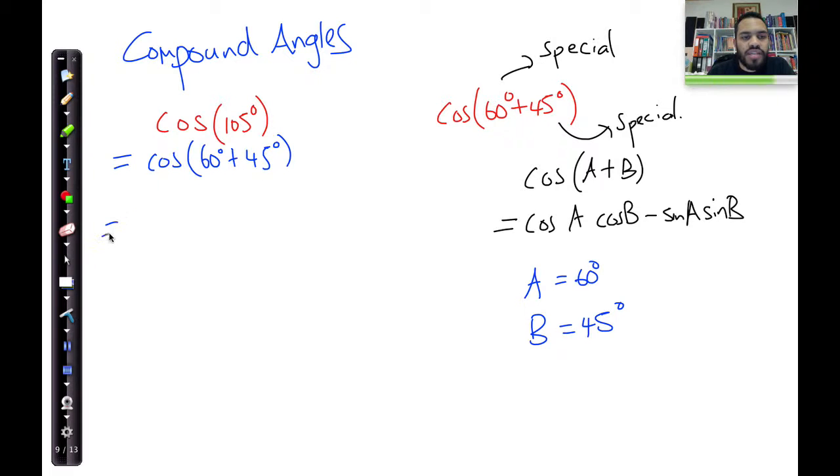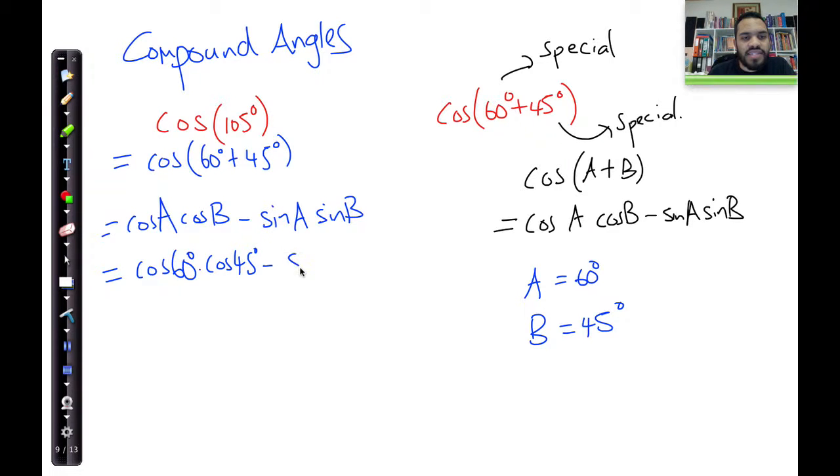And then I can say that is cos multiplied by cos, the plus changes to minus, sine, that's B, that's A, that's B, that's A. And what is this going to be? This is going to be cos of 60 multiplied by cos of 45 degrees minus sine of 60 degrees multiplied by cos of 45 degrees.